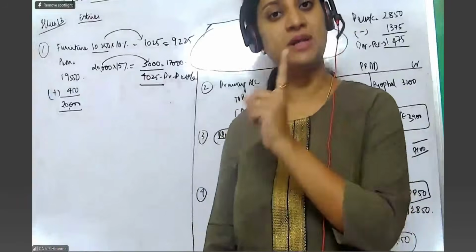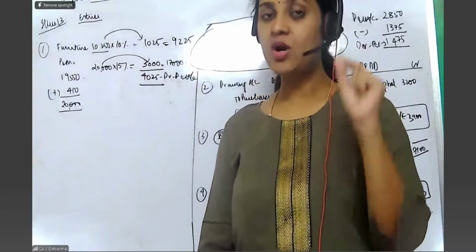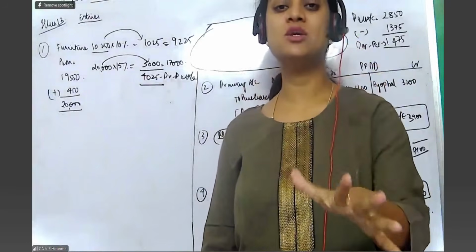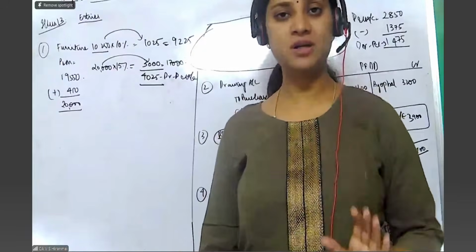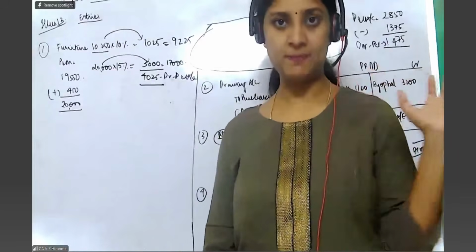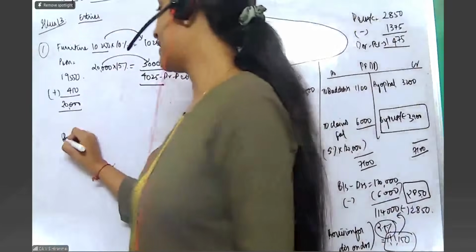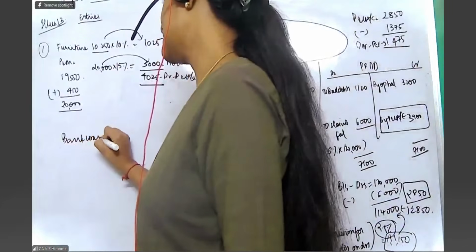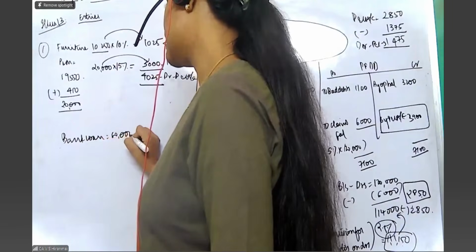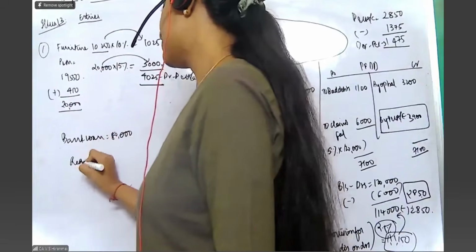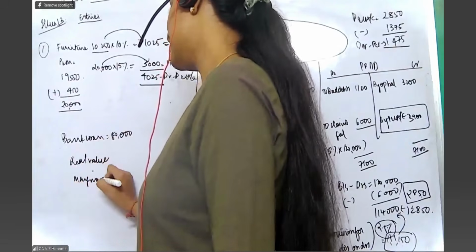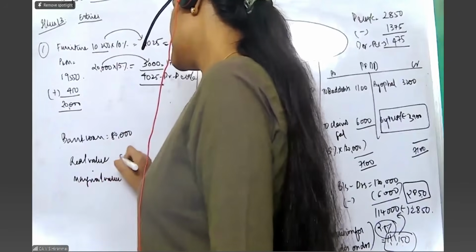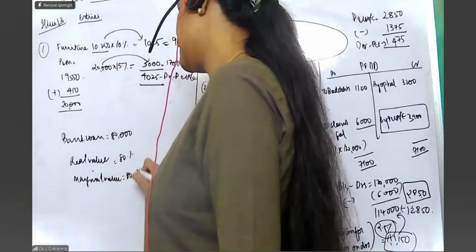Any working capital loan will be given only if you give them security of your current assets. So stock will be given to them as a security. Now, the bank loan value which is outstanding is given to you clearly, 80,000, and they tell you there is something called the real value and something called the marginal value. They say 80%.